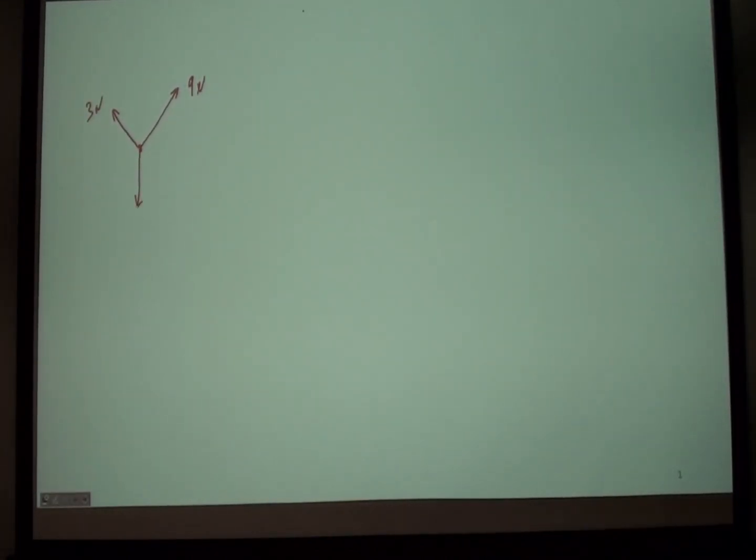Force number 3, 10 newtons. Well, let's call them F1, F2, and W, weight. And we've got the y-axis. And to draw the x-axis, we just draw a line perpendicular to the y-axis.